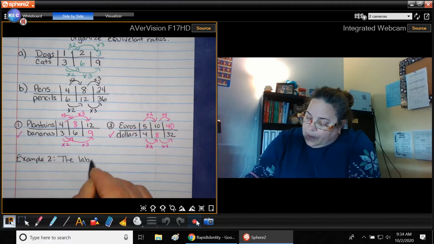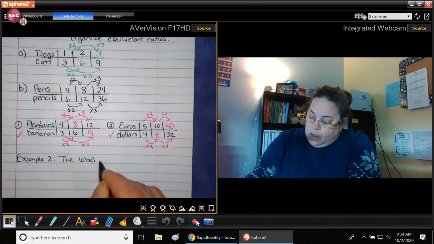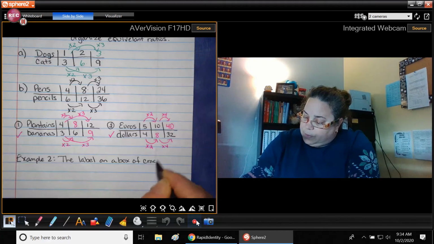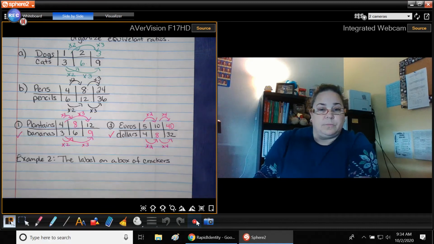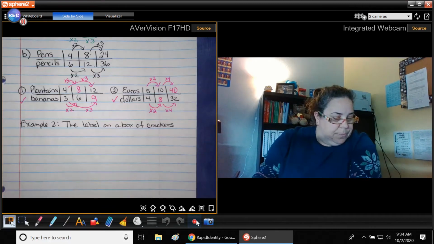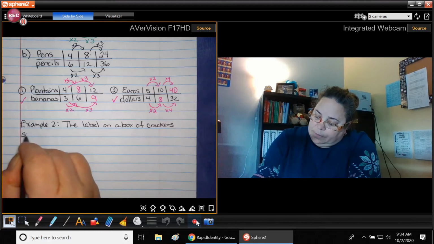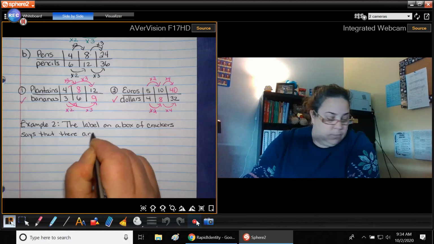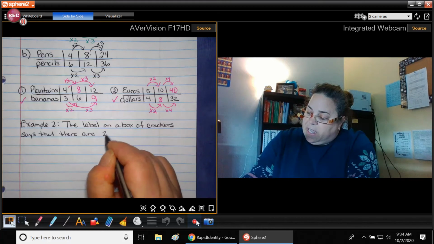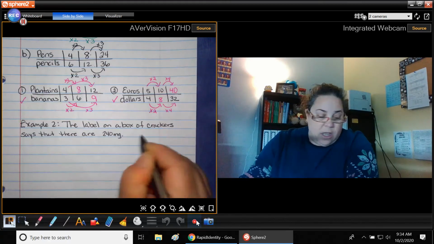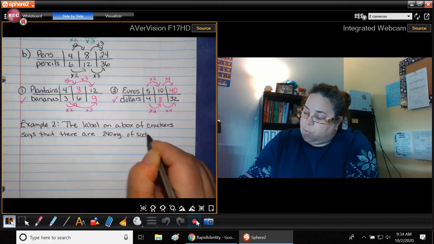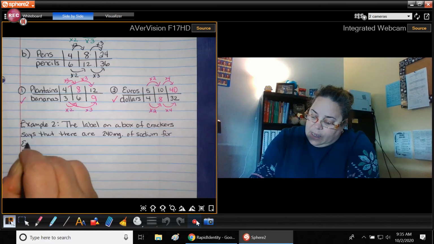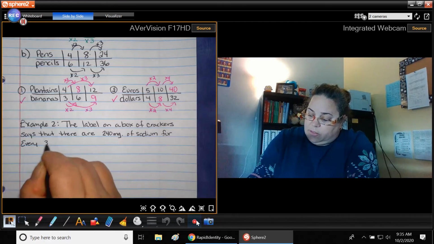The label on a box of crackers says that there are 240 milligrams of sodium, which is another word for salt, for every 36 crackers.